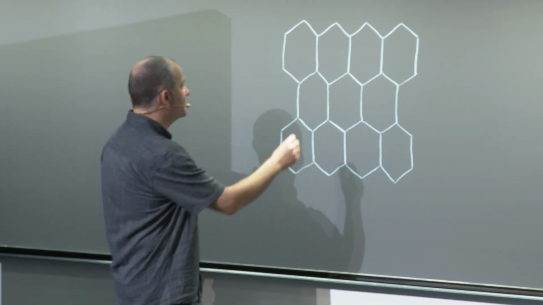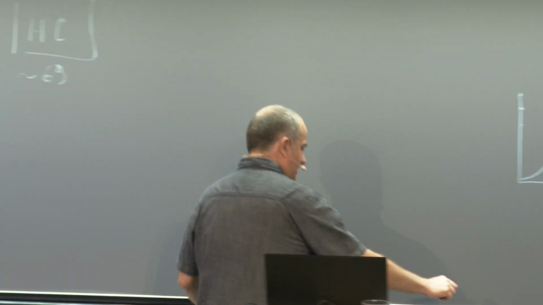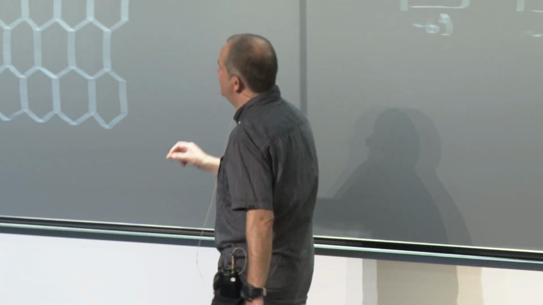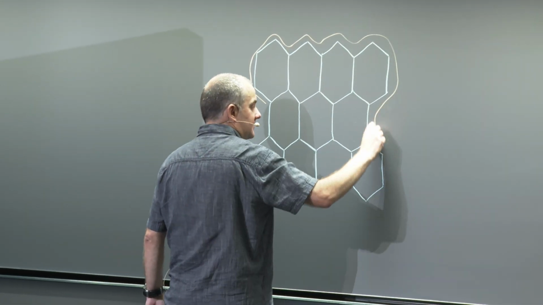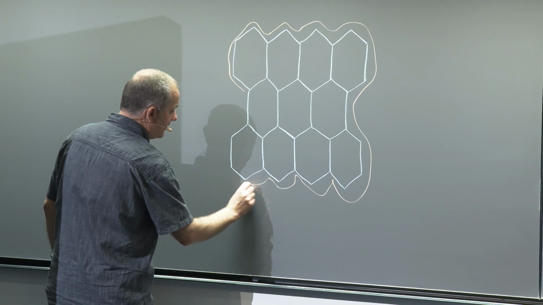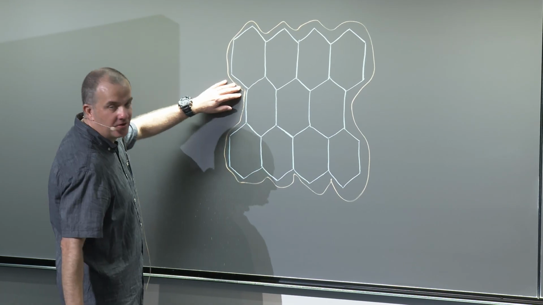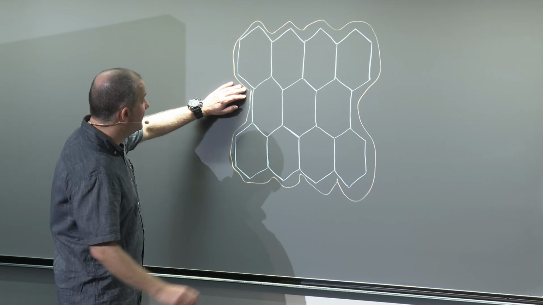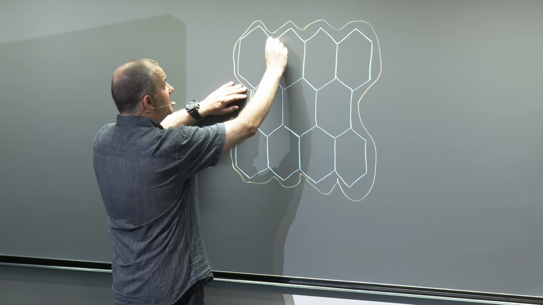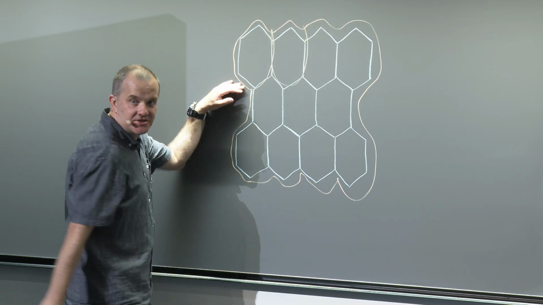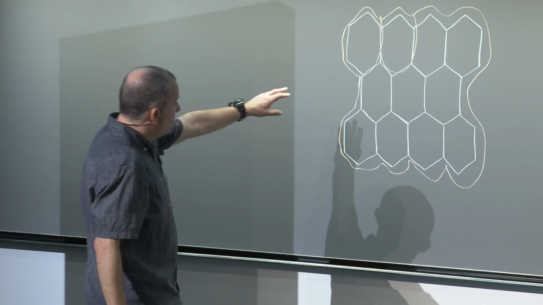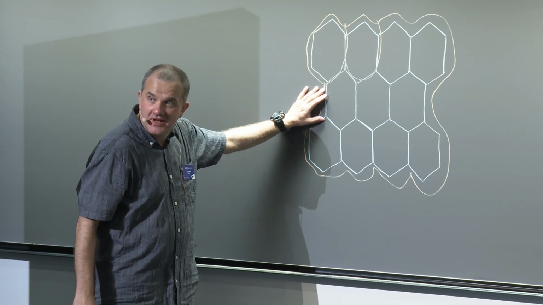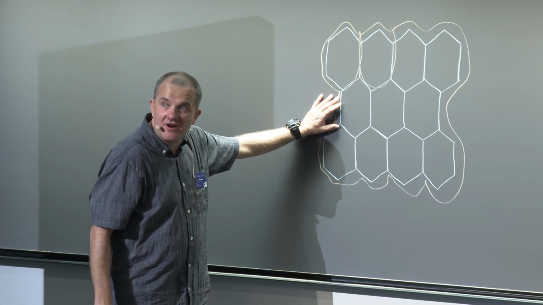I will take another color. Their strategy would be to do something like this. They usually could not correctly plot the corners, and then they were trying to complete this image. So in many cases you get not properly drawn honeycombs, but something very, very different.